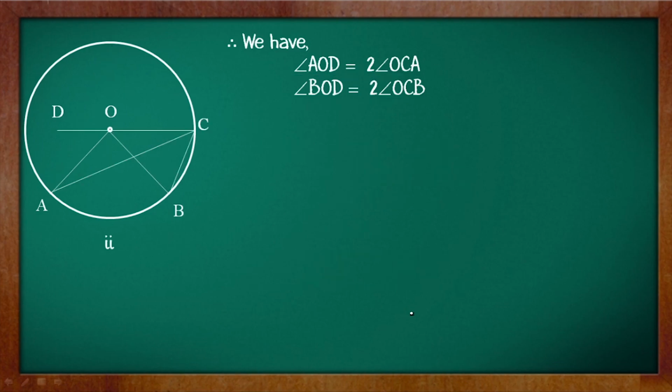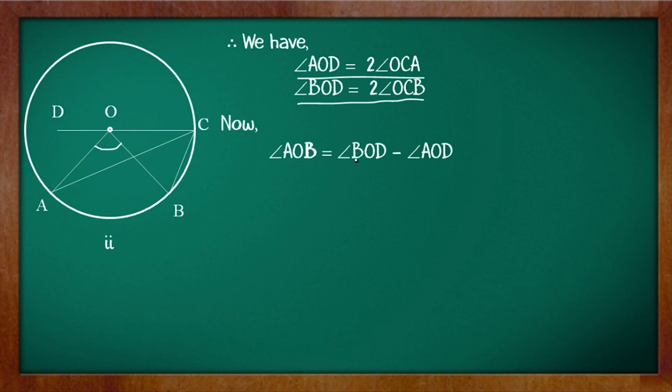Let's see from the second diagram. Again we know that angle AOD is equal to 2 angle OCA, and BOD is equal to 2 angle OCB. Now let's see what is angle AOB. So angle AOB is this angle here. Now this is the difference between BOD and AOD.